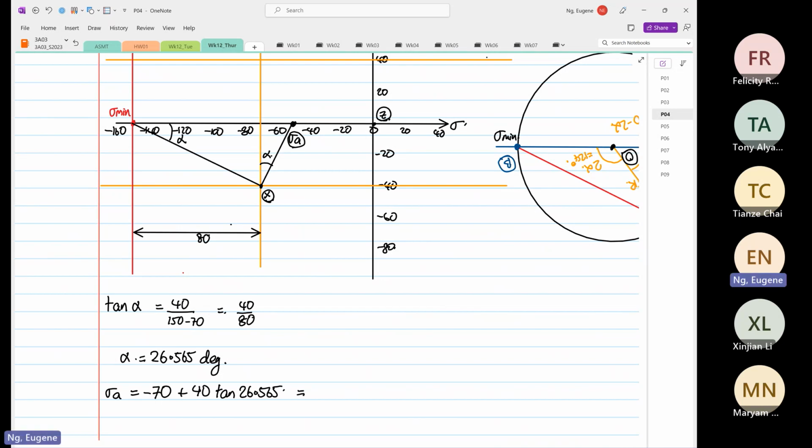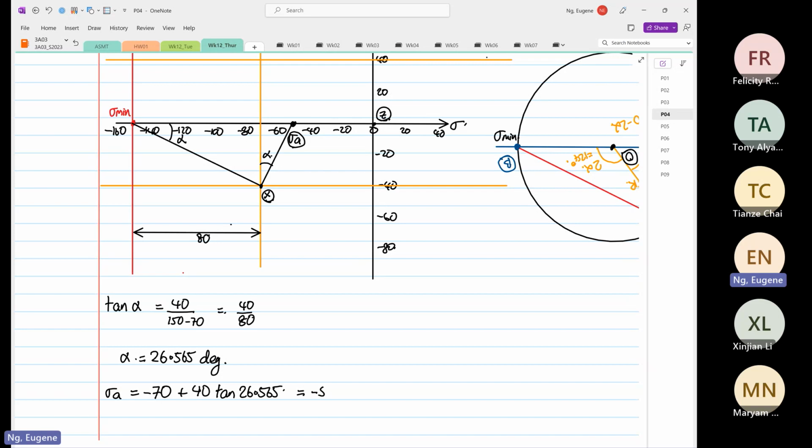So this is equal to tangent 26.565 times 40, and then minus 70 plus this is equal to minus 50.